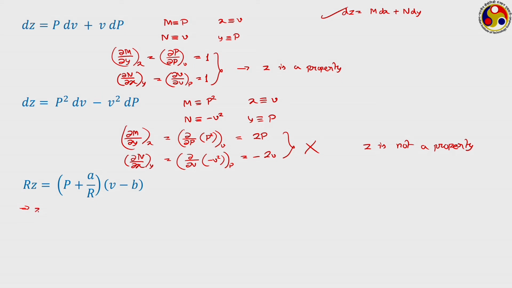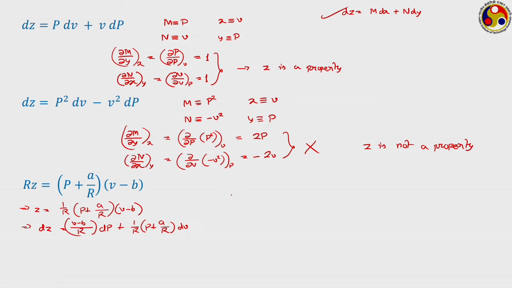So, we write this as Z equal to 1 upon R into P plus A upon R into V minus B. Now, differentiate both sides. So, we have dZ equal to V minus B by R dP plus 1 by R into P plus A by R dV.